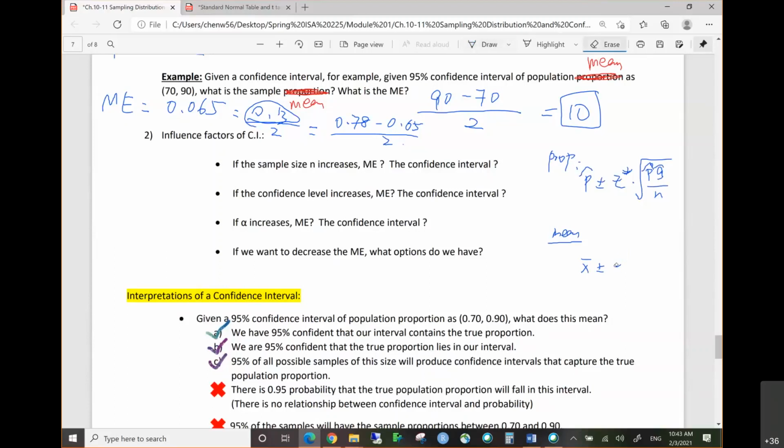We have 2 formulas for the mean: x bar plus minus z star times sigma over square root of n, or x bar plus minus t star times s over square root of n. All right, so now my question is, if the sample size n increases, what will happen to the margin of error?